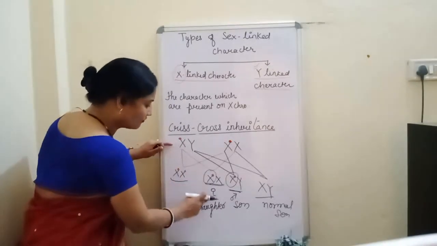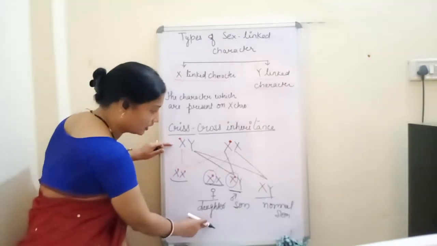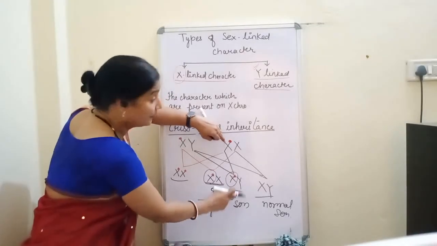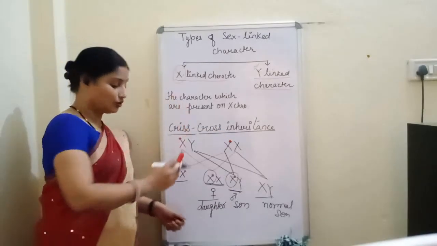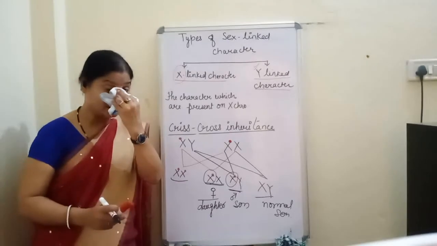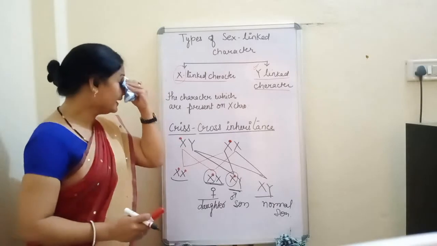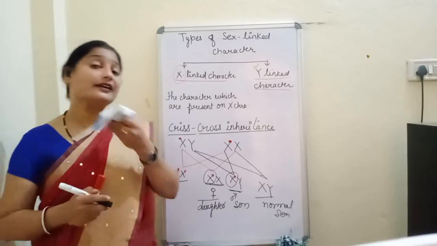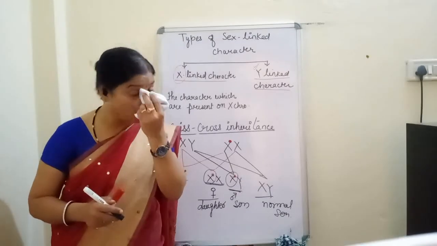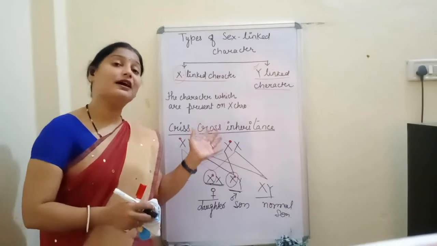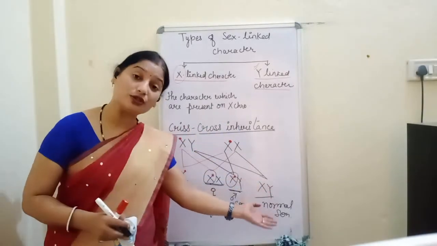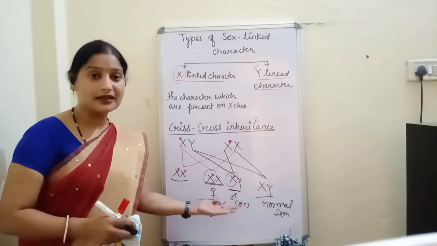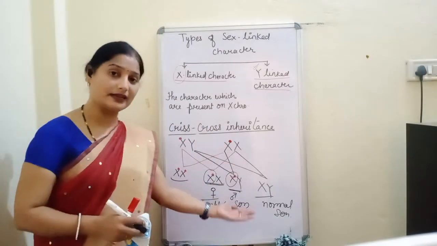So, fathers always transmit the character to their daughters and mothers always transmit their character to their sons. This is called criss-cross inheritance. Understood? And this is possible in the case of X-linked characters, because X-linked characters are present in both males and females, and that's why the father transmits the character to the daughter and the mother transmits the character to the son. This is known as criss-cross inheritance.